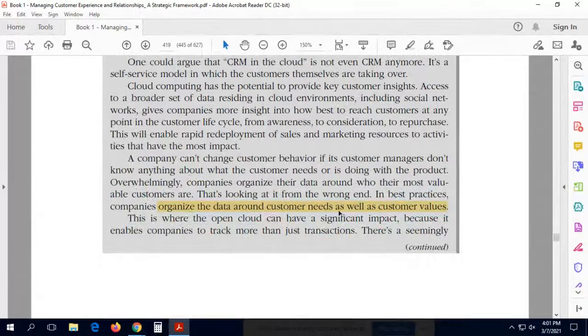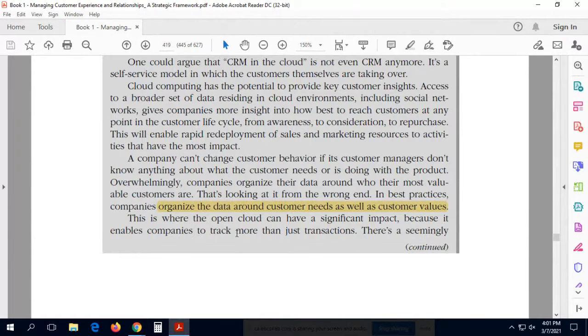Organize the data around customer needs as well as customer values. This is a very important point to reflect on. Extremely important. So you are a customer centric organization. You are organizing the data not around your products, like this is the product I have, now let me see what type of customers would want this type of product.